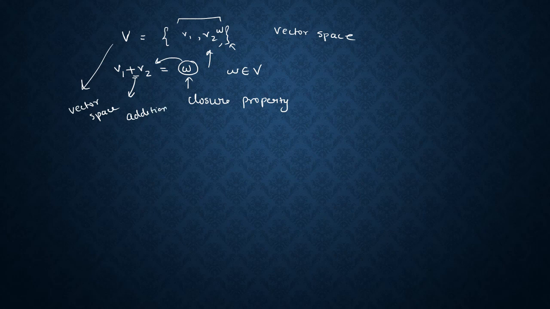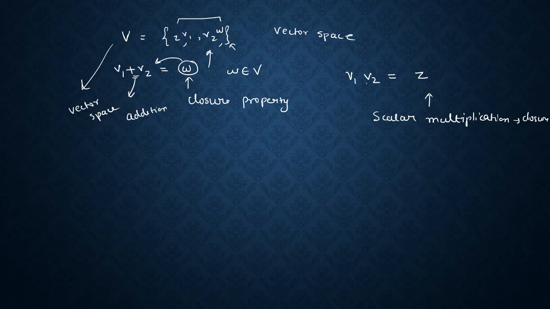And let's say if we talk about multiplication, if we do the multiplication of V1, V2, and we get another element, let's say Z, and if Z is also present in this set, then this scalar multiplication will also be closed, because the result belongs to the main set. Therefore, this is also a vector space.